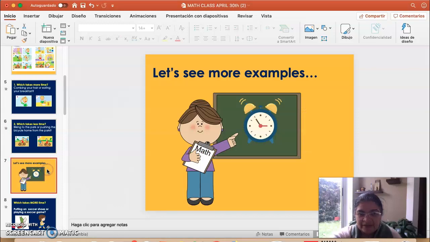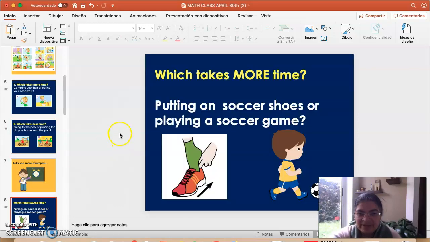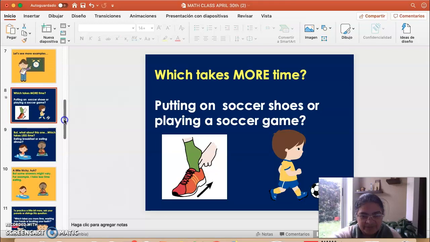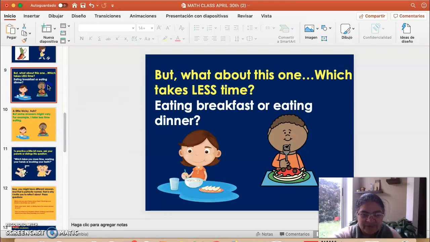Okay, now let's see more examples. Here we have which takes more time, putting on soccer shoes or playing the soccer game. I think playing the soccer game takes more time than putting on your soccer shoes.